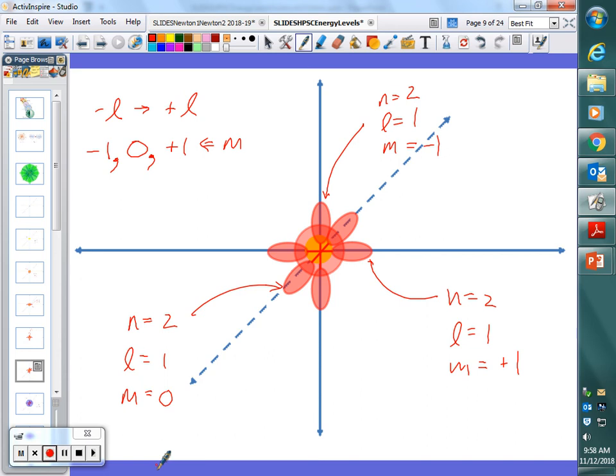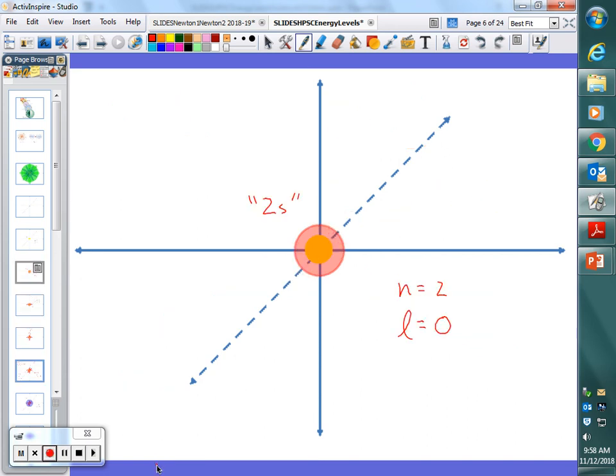Oh, sorry, one last thing before we go on to the next one. Here. S orbital, 2s orbital, right? N equals 2, L equals 0. We said that our M values can run from -L to +L.